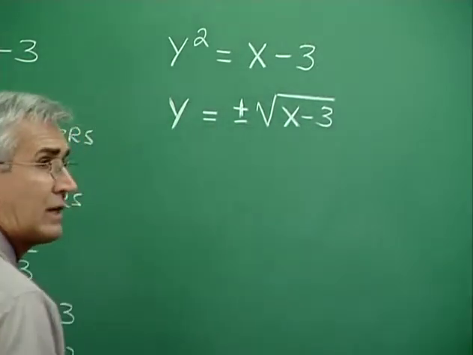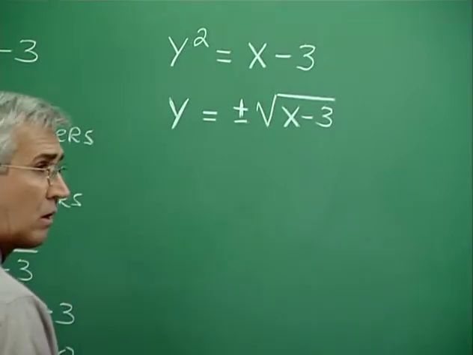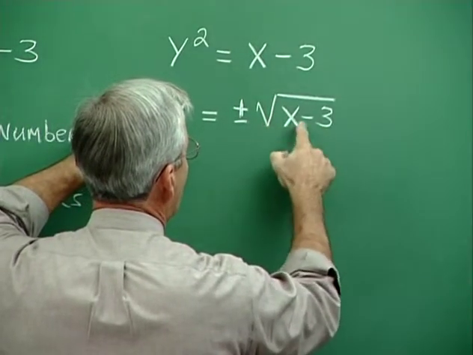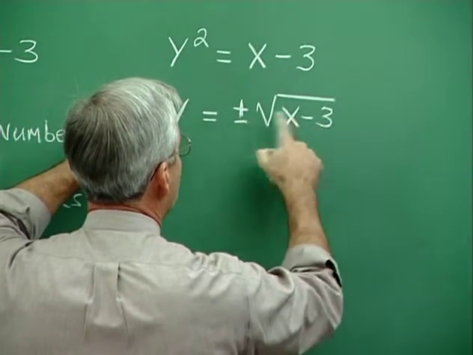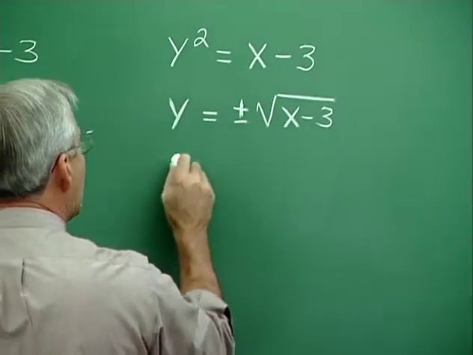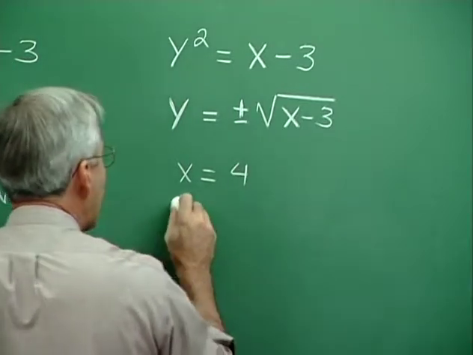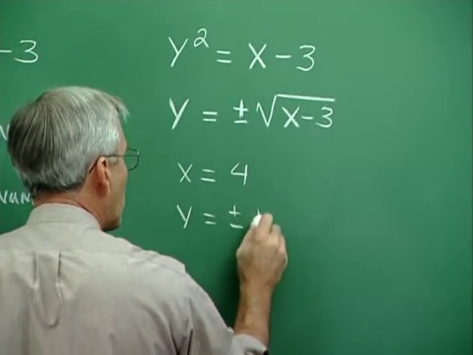Now let's let x take on a value like, let's say, 4. So we would have 4 minus 3 is 1, and the square root of 1 is plus or minus 1. So when x is 4, y is plus or minus 1.